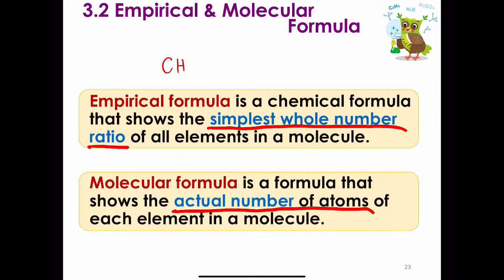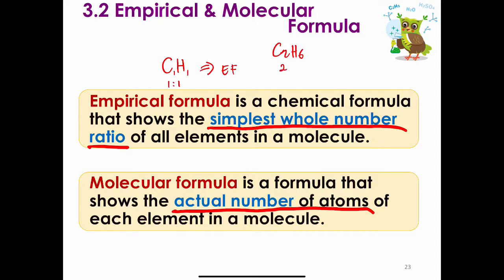So as you can see, carbon kita ada satu, hydrogen ada satu, therefore dia punya ratio is 1:1 lah. So that is actually the simplest ratio between those two elements, therefore ini considered sebagai empirical formula. But then let's say Miss bagi kamu C2H6. Okay, so kita kena tengok ratio antara dua elemen yang ada.